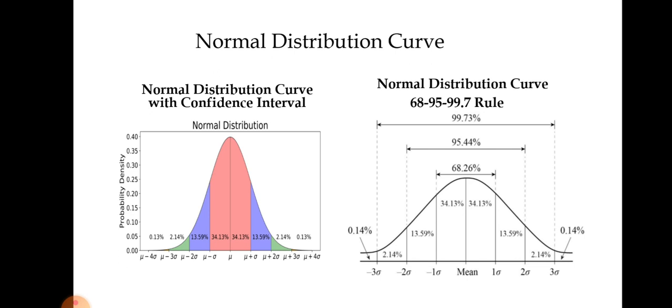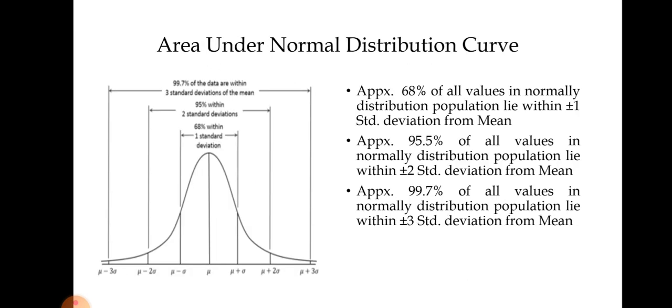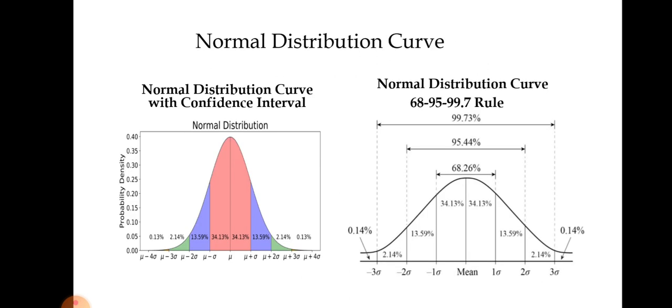So how can we say there is a relationship between standard deviation and the normal distribution curve? We say that approximately 68% of all the values in a normal distribution curve lie within plus or minus 1 standard deviation from the mean. It means 68% of values lie between plus 1 standard deviation and minus 1 standard deviation.